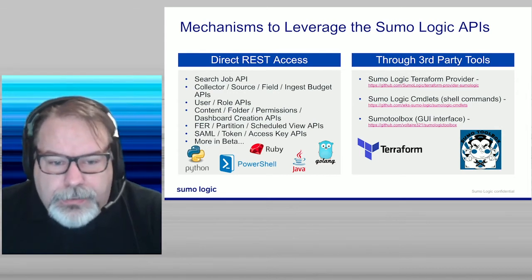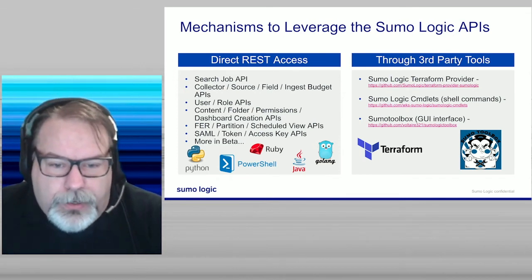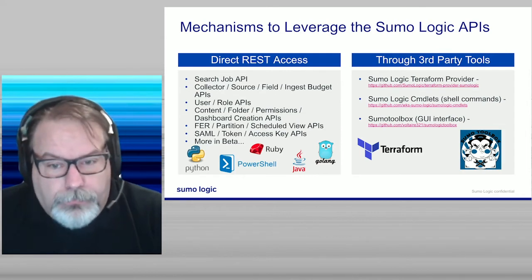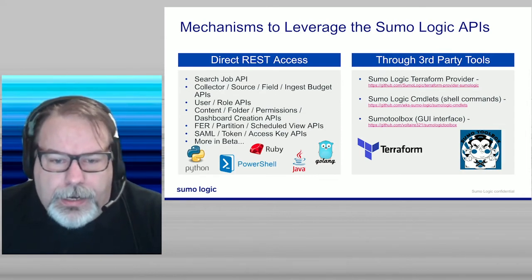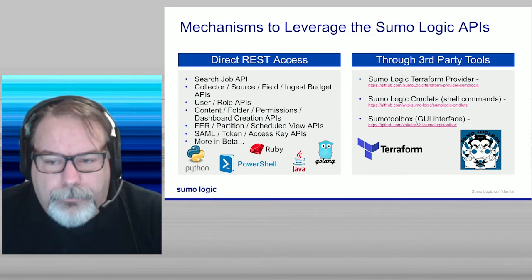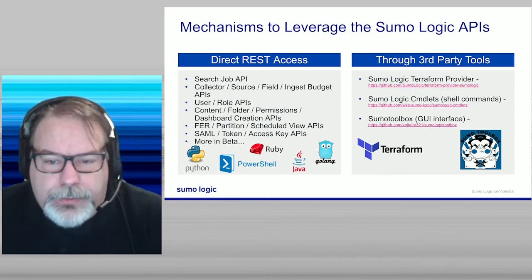To ease that, we do have a variety of SDKs that have been created, mostly by the community. So there's a Python SDK. There's actually multiple Python SDKs, and we'll be talking about that later. There's also PowerShell, Ruby, Java, Golang. These are mostly open source SDKs that were created by the community.